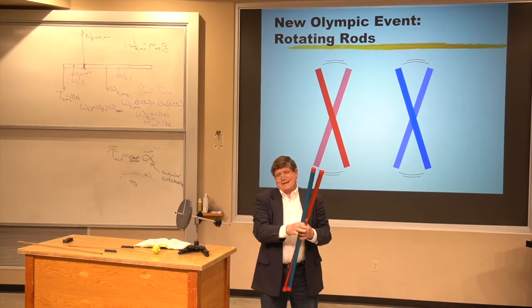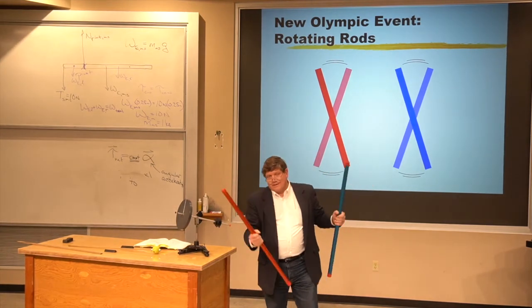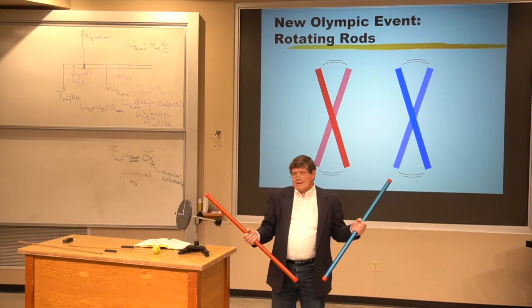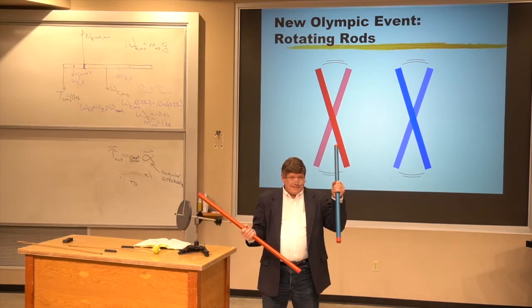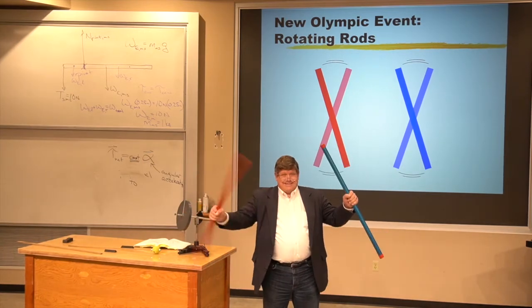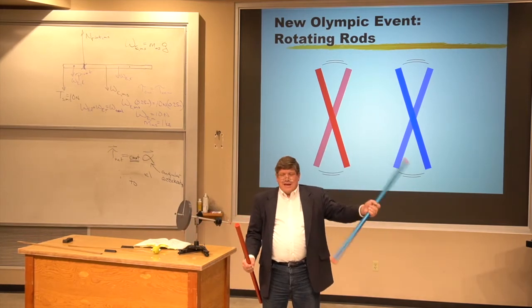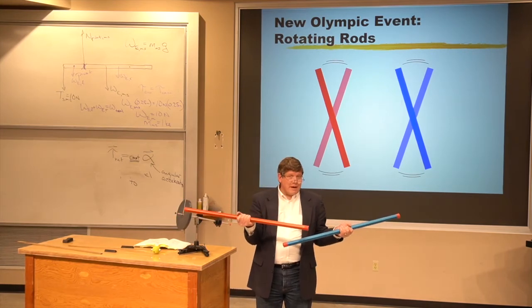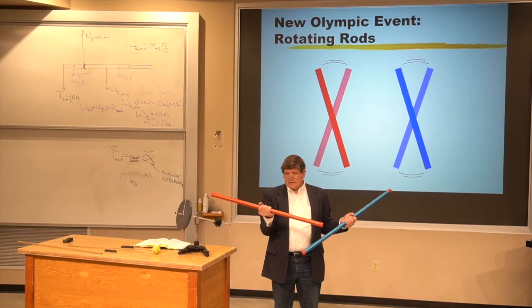Now, if I had 2 of you up here to volunteer, I would obviously bring up a football player and someone that was smaller and have them compete here. And what we would find is that whoever has the blue rod is going to be the loser, okay? And that's because even though these 2 rods have the same amount of mass, that mass isn't located in the same place.